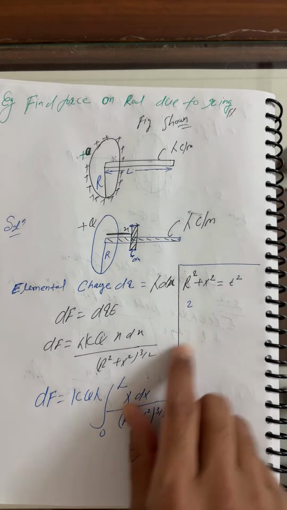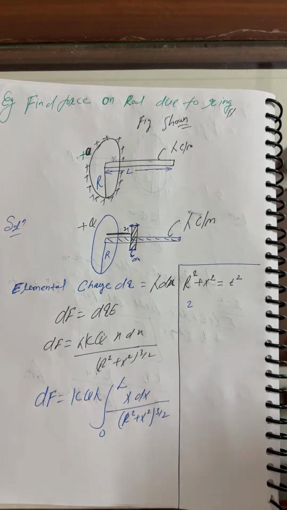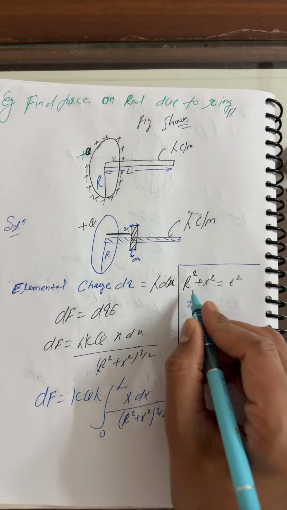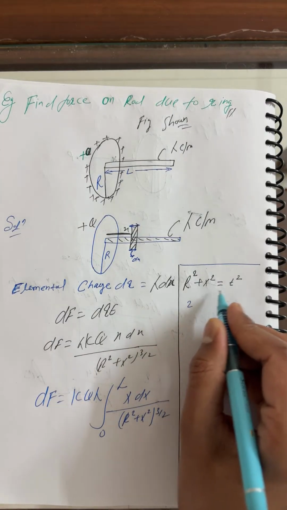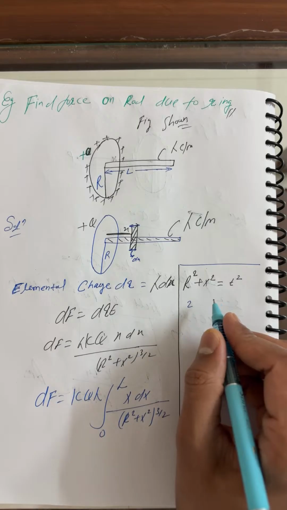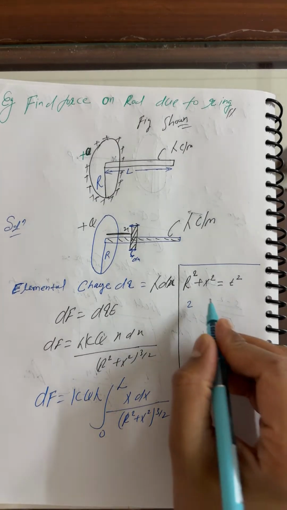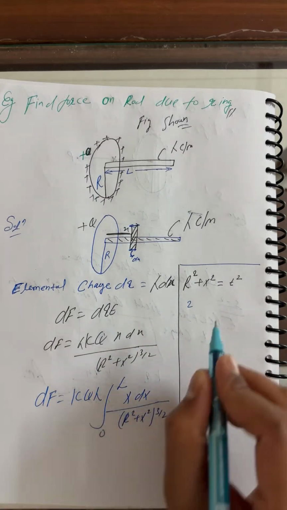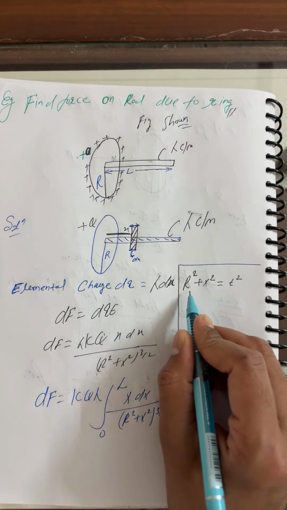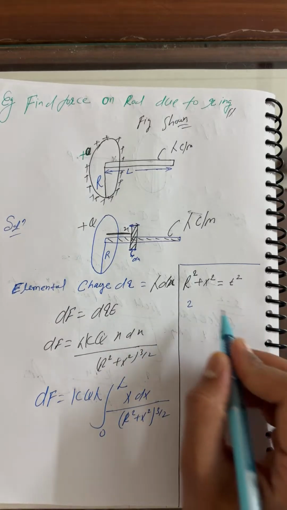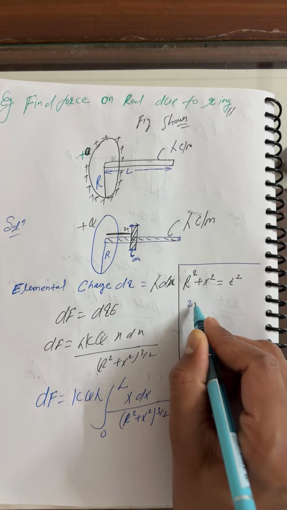So we have R square plus x square is equal to t square. Now just differentiate both sides. Aniket, differentiation of any constant term is zero. For x square, what can you write?